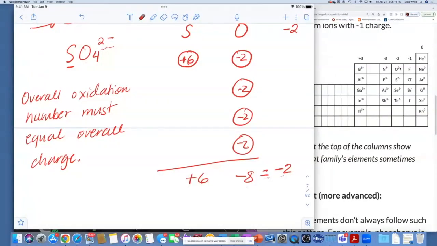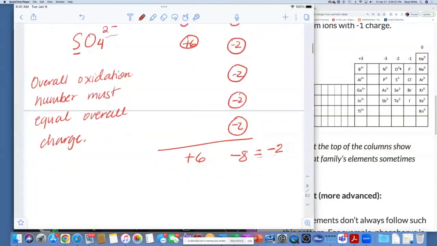So +6 -8 gives -2. Or if I want to be more visual, I can write it this way, positive, positive, positive. But this is communicating something else. So let me stick with the original. Just plus six. If I write three plus twos, it makes it sound as though we had three sulfur. We only had one sulfur.